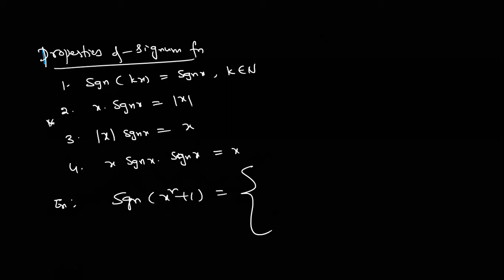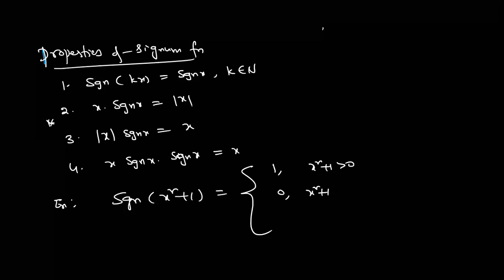How to approach? See carefully, dear students, I'm writing cases as usual. Case one: x square plus 1 greater than 0. Case two: x square plus 1 is equal to 0. Case three: x square plus 1 less than 0.